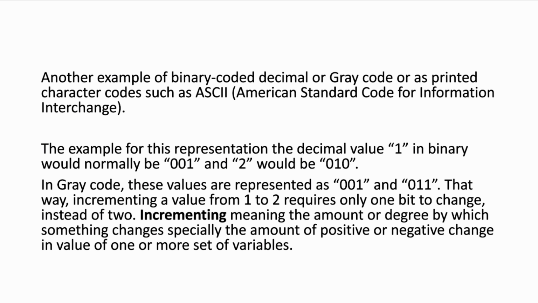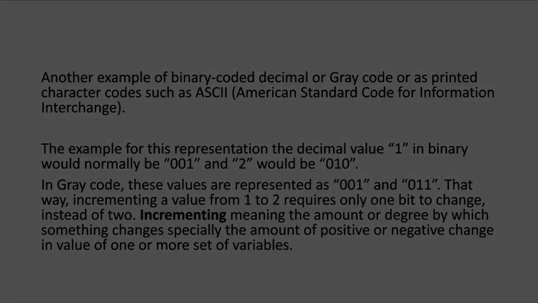In Gray code, these values are represented as 001 and 011. That way, incrementing a value from 1 to 2 requires only one bit to change instead of two. Incrementing means the amount or degree by which something changes, especially the amount of positive or negative change in the value of one or more variables.